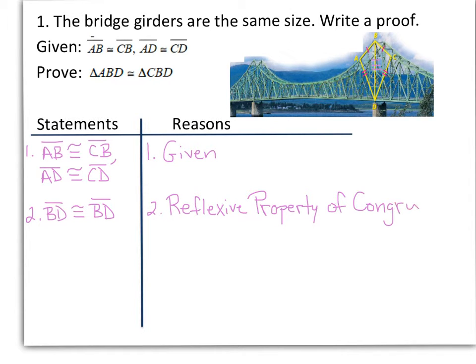Alright, now that's my third side, and now I have enough information to say my triangles are congruent. So number 3, triangle ABD is congruent to triangle CBD, and my reason, side, side, side. Alright, and we are done with our first proof.